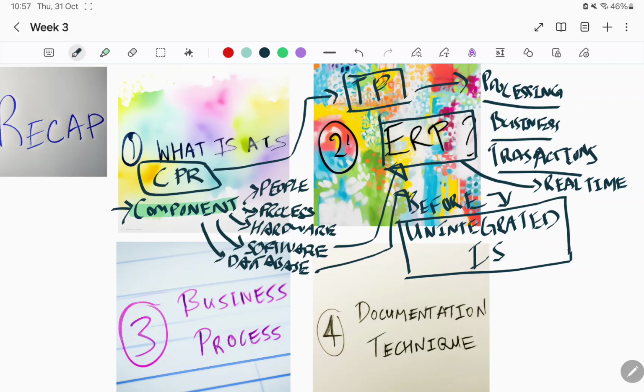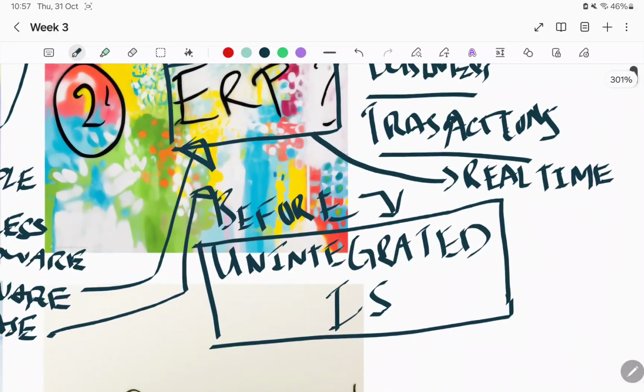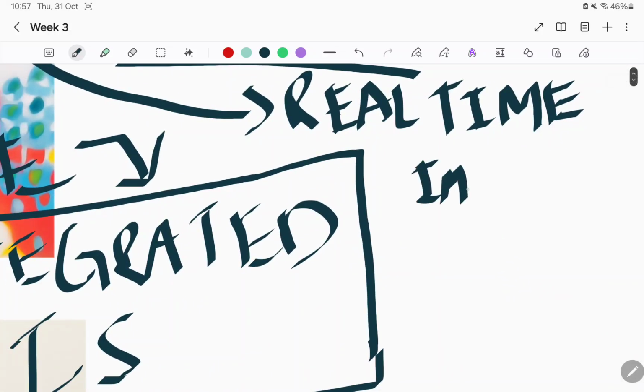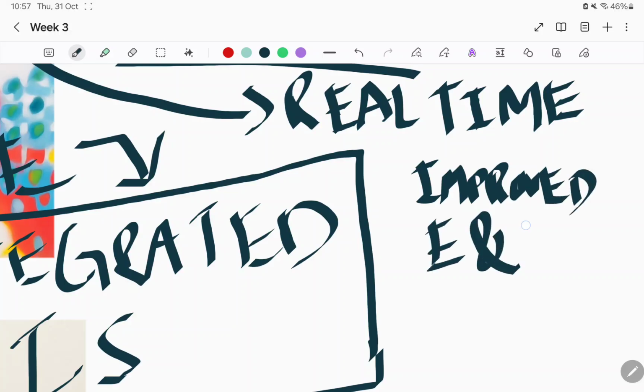And then it allows collaboration between the departments, and allows faster interaction. Basically, we would like to conclude that ERP improves the efficiency and the effectiveness.